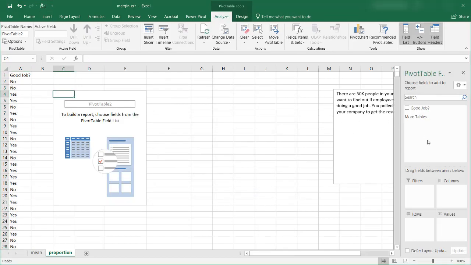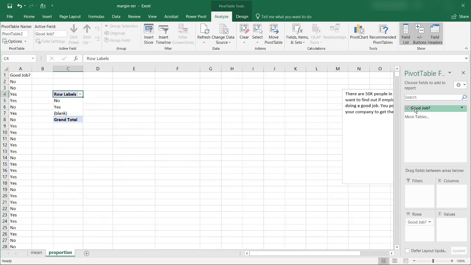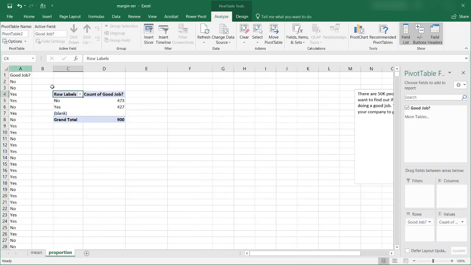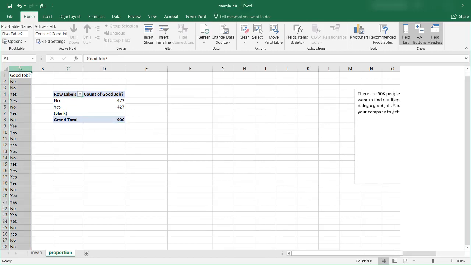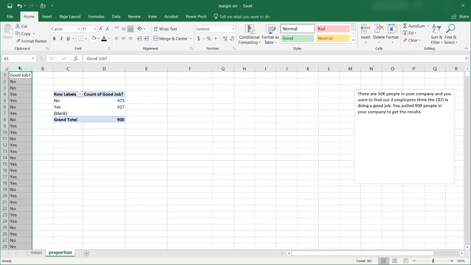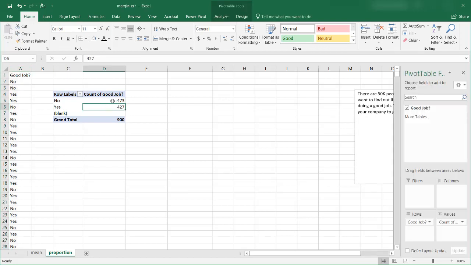I want a count of the good jobs versus bad jobs, the yeses and nos. We have 900 in total of our people survey. It says 901 because I have the label here. And I want to get a percentage of that.